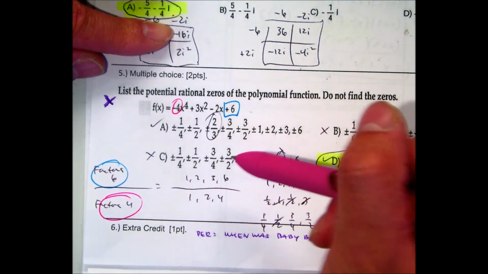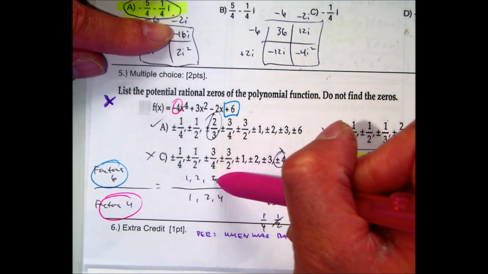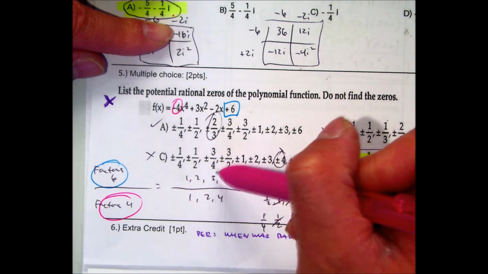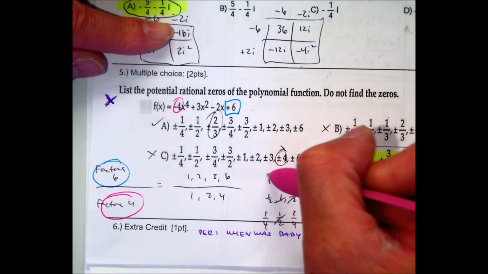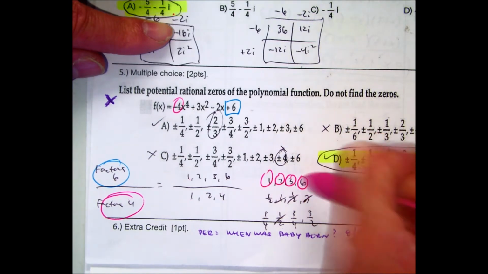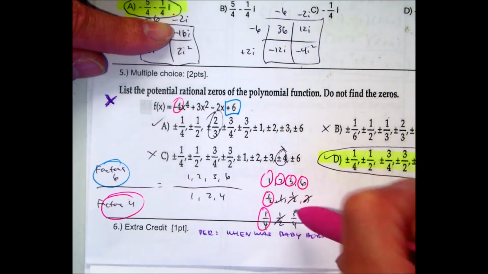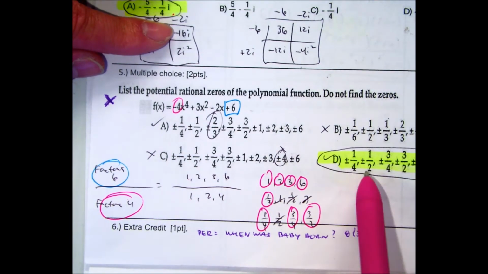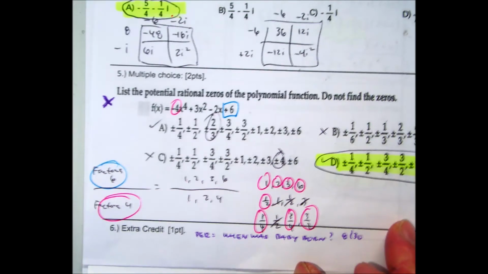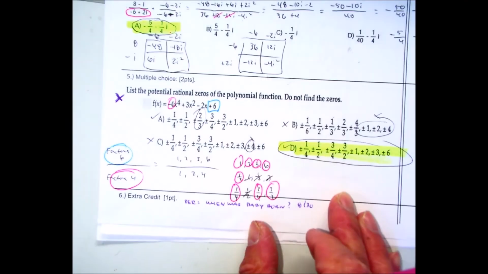Then you're going through all the possibilities, so 3 over 1, 3 over 2, 3 over 4, and then you're going to cross off any duplicates. So you have 1, 2, 3, 6, 1/2, 1/4, 3/4, and 3/2, and the only one that has all of those is choice D.